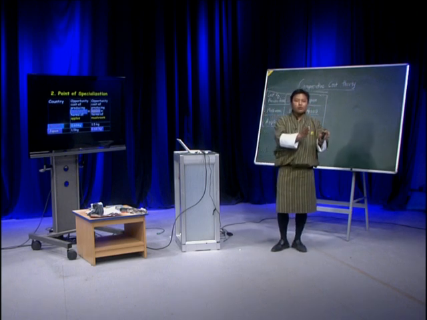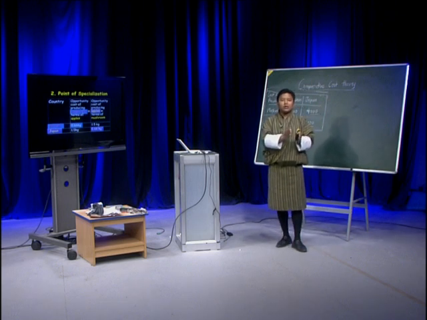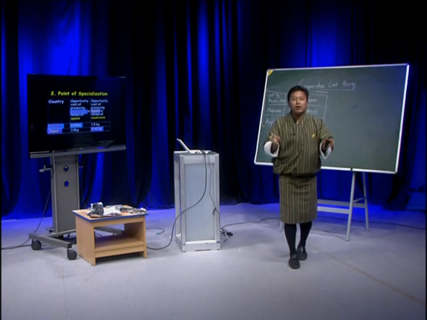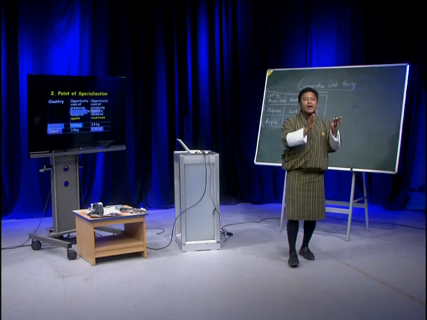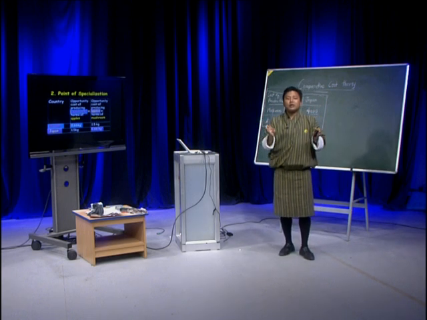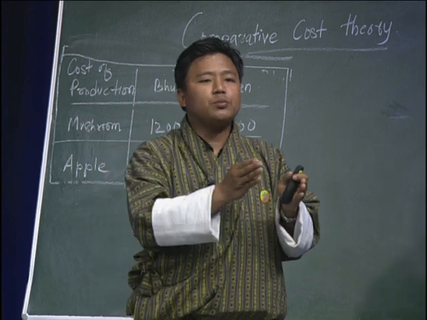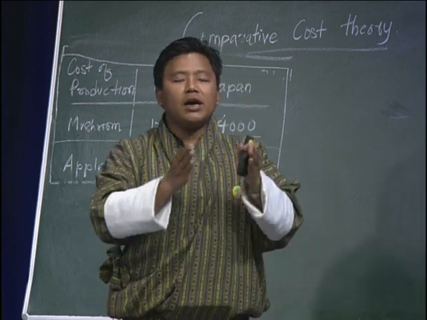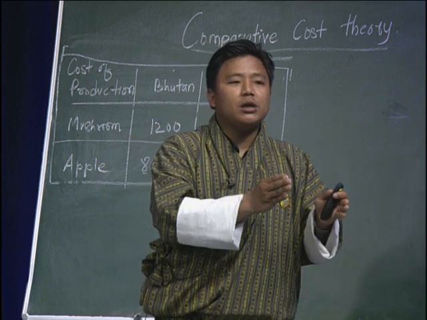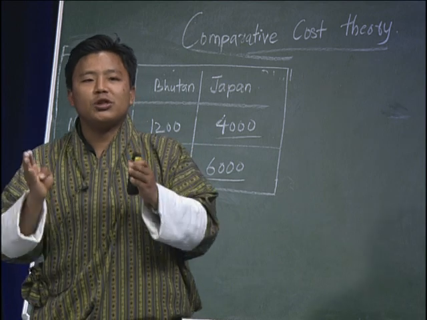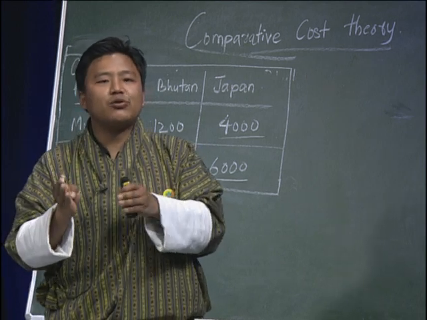Through these calculations, we know that Bhutan should specialize in production of mushroom and Japan should specialize in production of apple. Why? Because Bhutan has a relatively lower opportunity cost in producing mushroom than apple, and similarly Japan should focus on producing apple because the opportunity cost of producing apple is relatively lower.